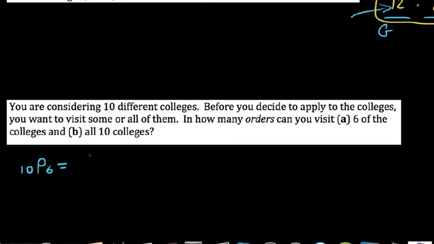So using our formula here, which was n factorial over n minus r in parentheses factorial, we get 10 factorial over 10 minus 6 factorial, which is 10 factorial over 4 factorial.